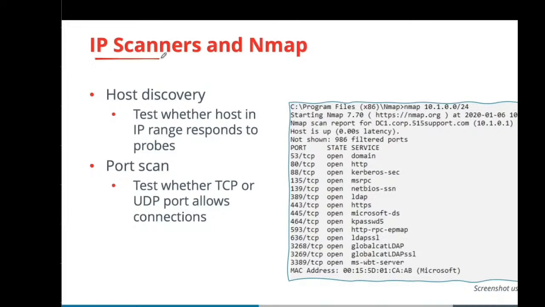Then there are IP scanners, and Nmap is the name. Whenever you go for IP scanning, there's only one name that people will talk about, that is Nmap. Now, scanning a network using tools like ping is time-consuming, non-stealthy, and does not return detailed results.